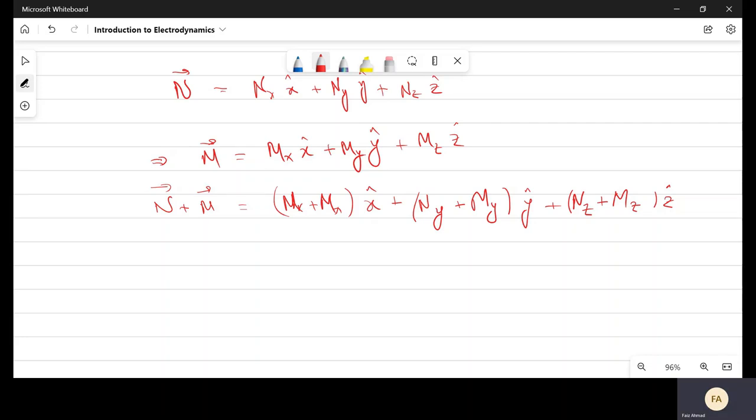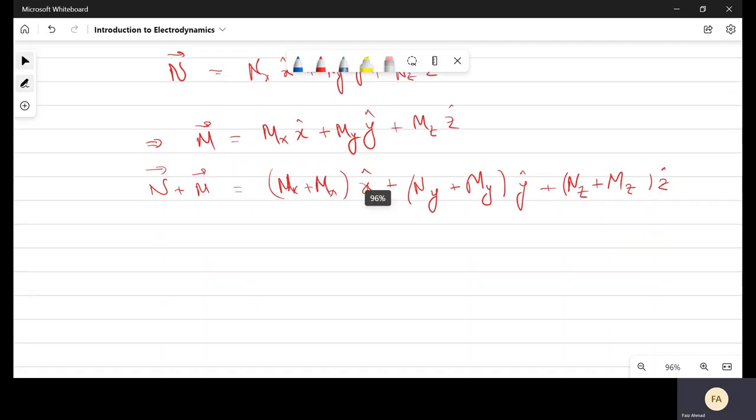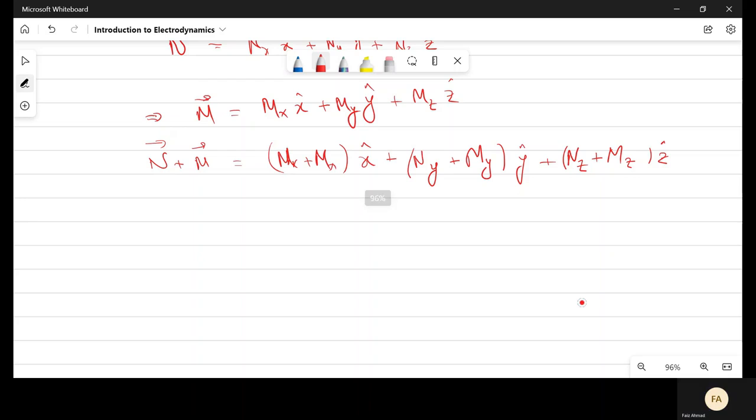We have a vector A and a coordinate system x, y, z. I can write the components of this vector.